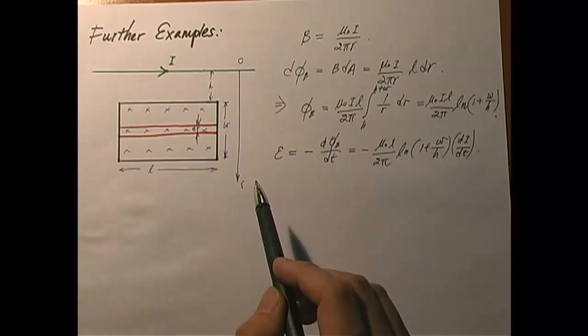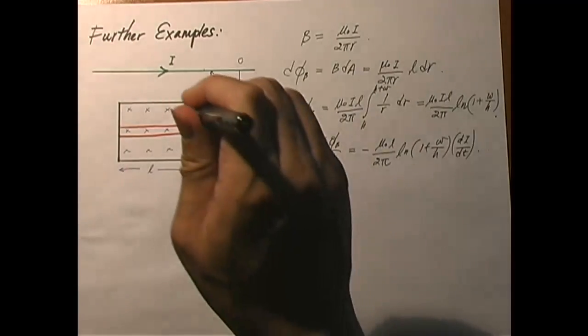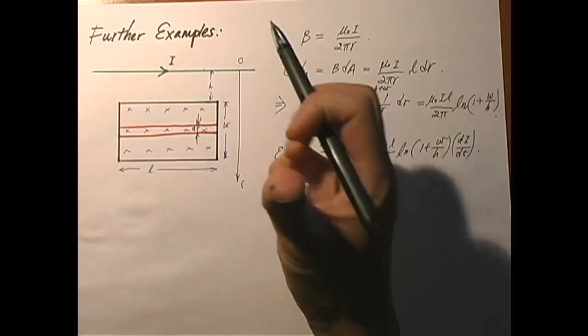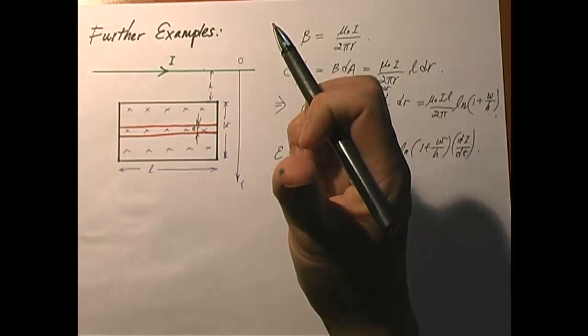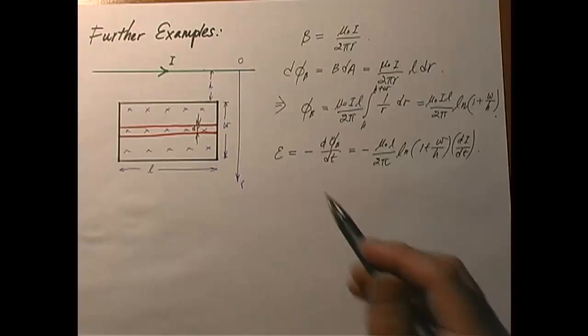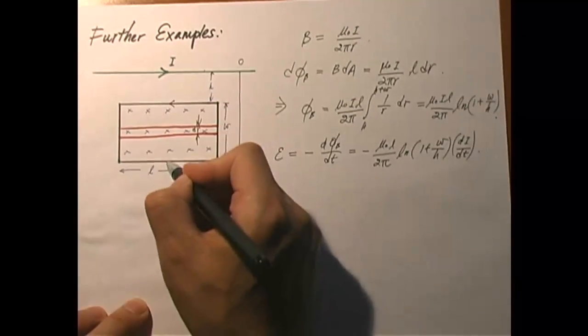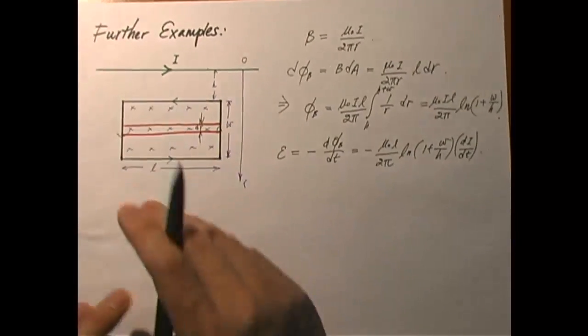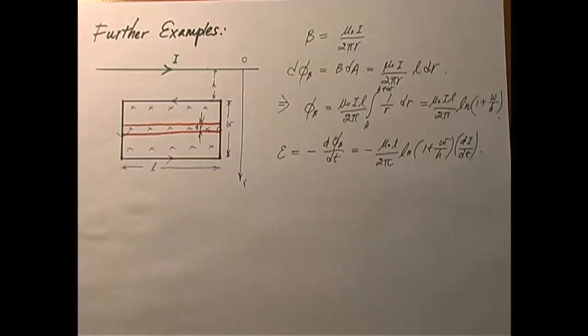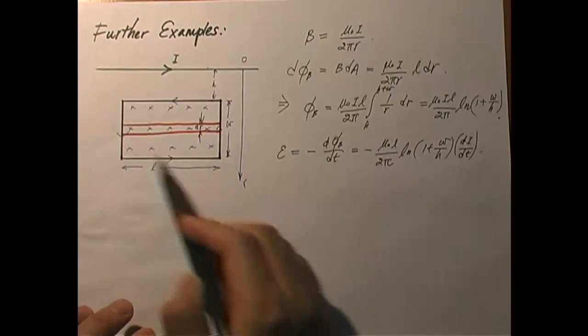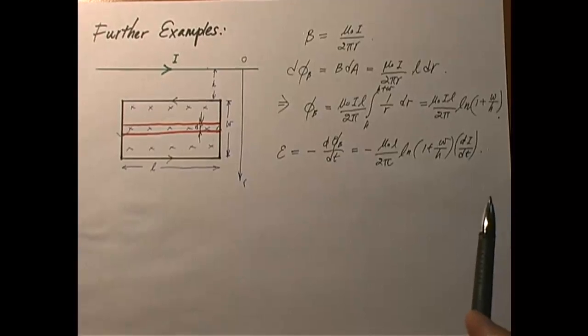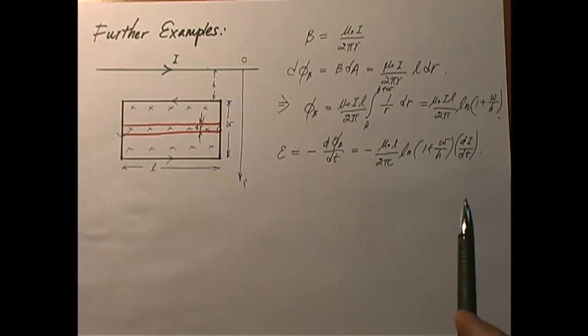It tries to fight against it. So instead of promoting inward flux, which is increasing, it wants to promote an upward flux out of the paper, and the only way to do that is by generating a current like that, because that current will give you an upward magnetic flux. So the EMF will power a counterclockwise current. That's what happens.